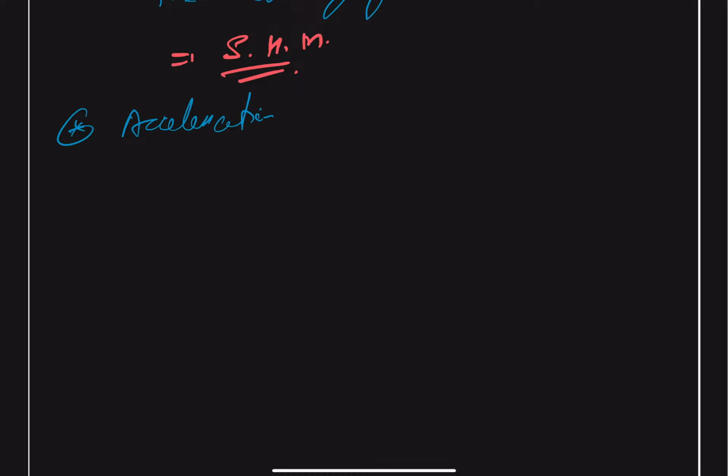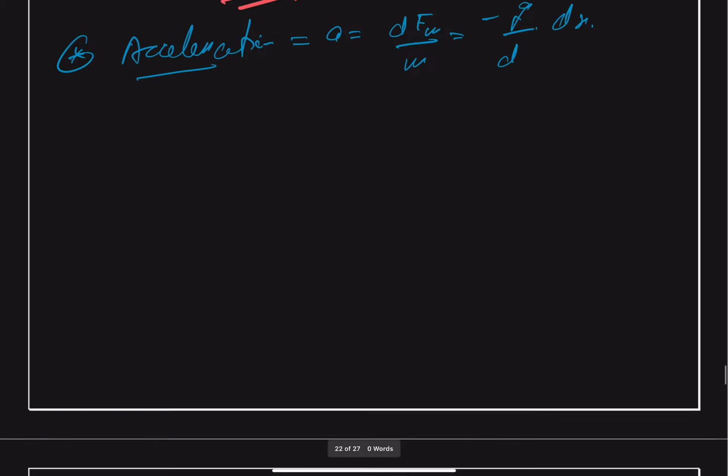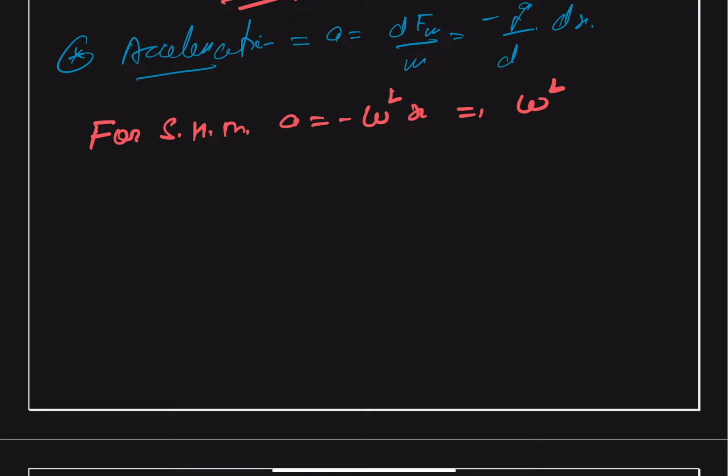Now we can find the acceleration. Acceleration a will be equal to the change in magnetic force divided by mass m. This gives us minus g upon d multiplied by dx. And this we can equate for an SHM. For simple harmonic motion, we have the equation that acceleration is minus omega square multiplied by x. So a one-to-one comparison gives us that omega square is equal to g upon d.